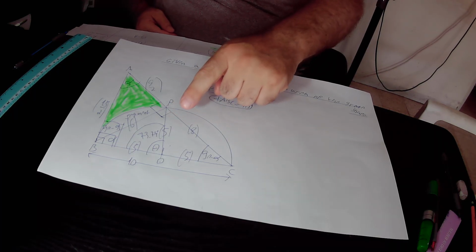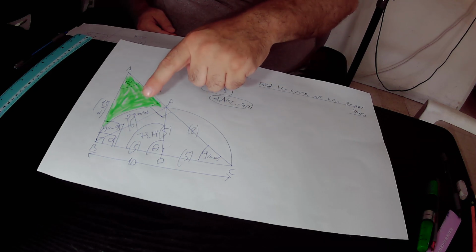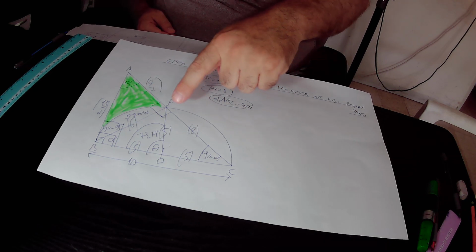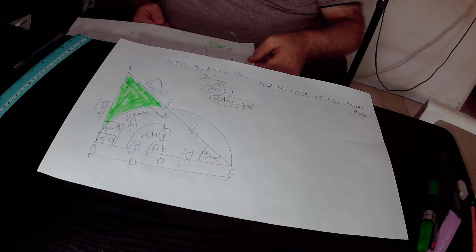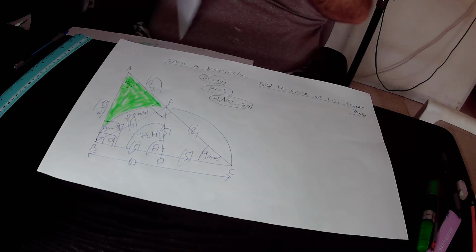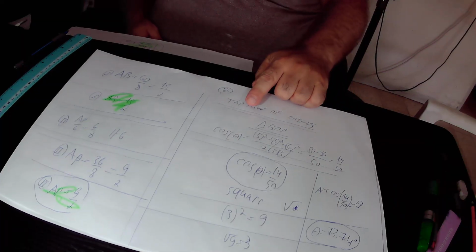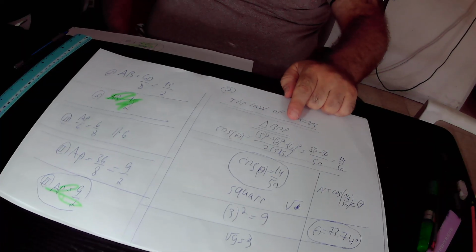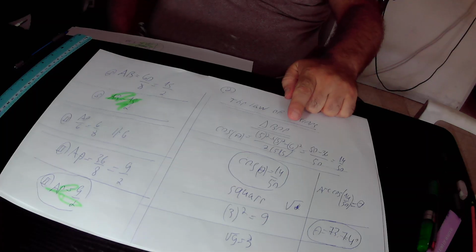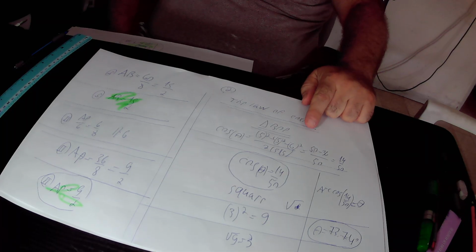According to the law of cosines, in triangle POB, cosine theta equals 5 square plus 5 square minus 6 square over 2 times 5 times 5.